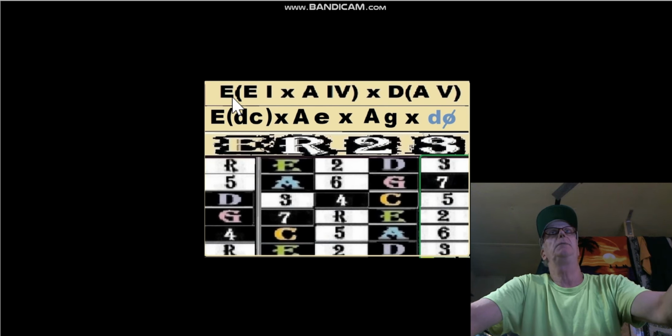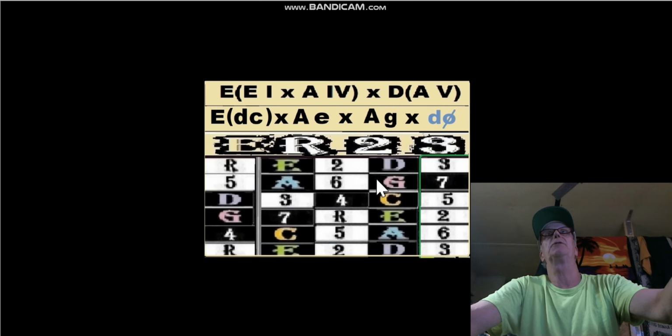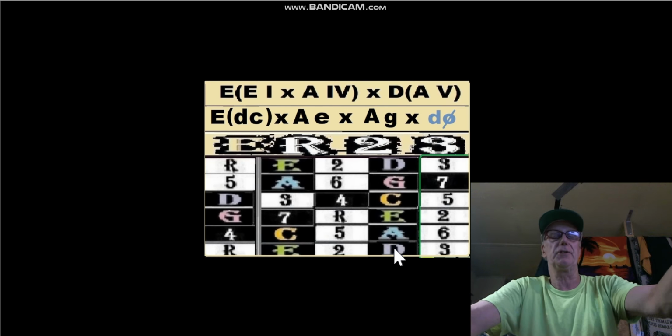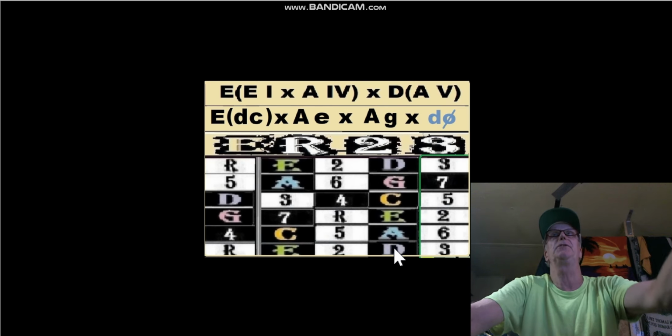So it's in the E box, an E-shaped 1, 5 root 3. In the A box, which is next door to it, still in the E box rather, we have the A, root 4, 6 for the 4th. And then in the D box, which is the next traditional CAGEED position up, we have another A shape here.